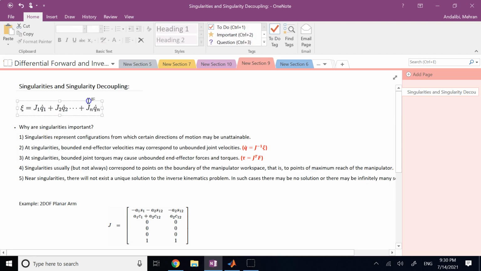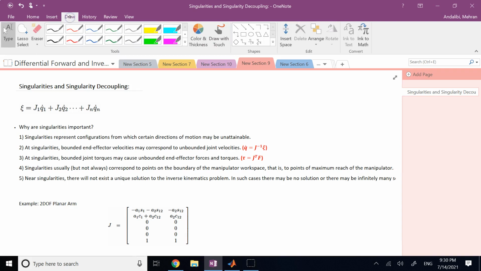if you remember when we talked about the Jacobian matrix, I showed you that the end effector velocities, all linear and angular velocities, zeta, can be written as what? A linear combination of the columns of the Jacobian matrix, correct?